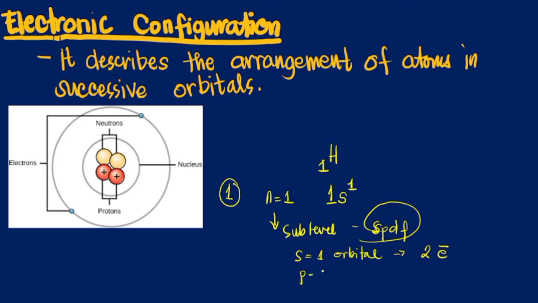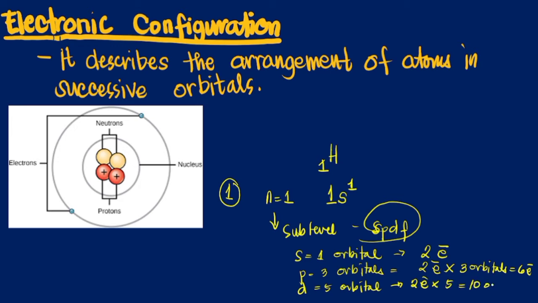The p has 3 orbitals, and each orbital can occupy a maximum of 2 electrons. Therefore, times 3 orbitals, so there are 6 electrons. The d has 5 orbitals, and each orbital can occupy 2 electrons, times 5, that would be equal to 10 electrons.